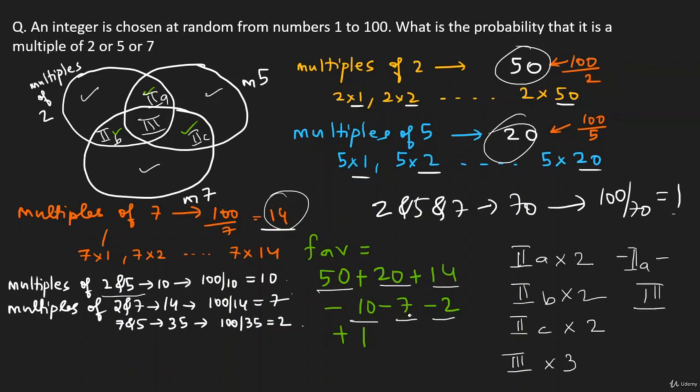Similarly, when we subtract 7, which is the multiples of 2 and 7, we subtract 2B and 3, because this is the area where we get 7 over here, 2B plus 3. So that's getting subtracted. So let me write that over here, minus 2B minus 3. And when we subtract 2, we are subtracting 2C and 3. So minus 2C minus 3.